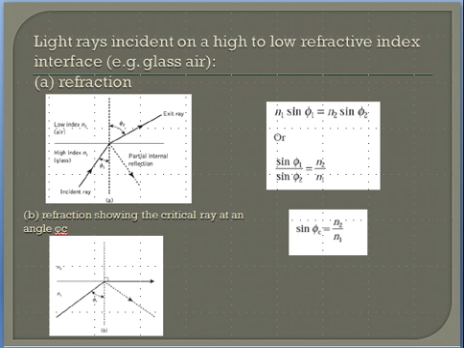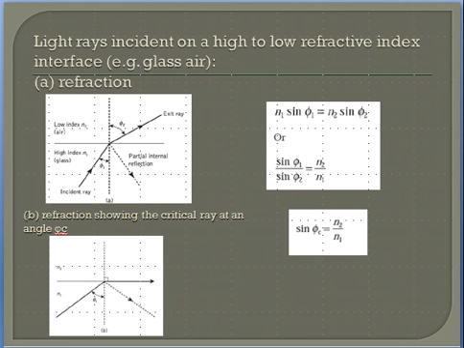This expression can also be written in another form: sin psi 1 divided by sin psi 2 equals n2 divided by n1. It may also be observed in the figure that a small amount of light is reflected back into the original dielectric medium, which is a partial internal reflection.